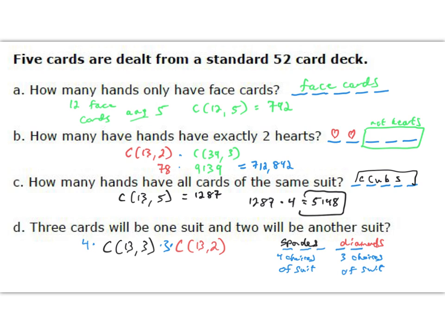Okay, now here's the magic number here. We end up with 267,696 different hands that have 3 cards of one suit and 2 of another. Interesting, interesting.